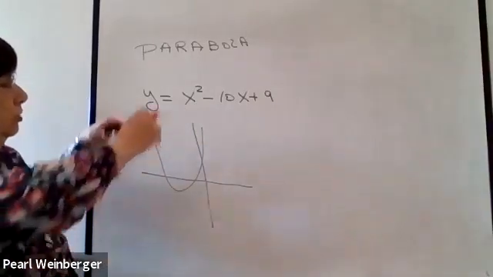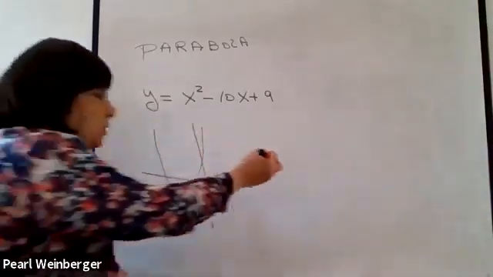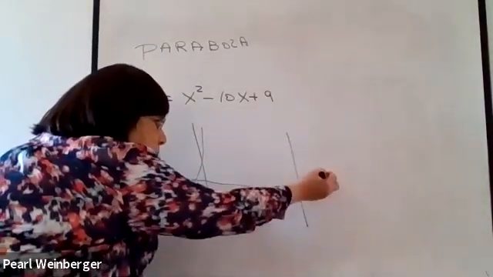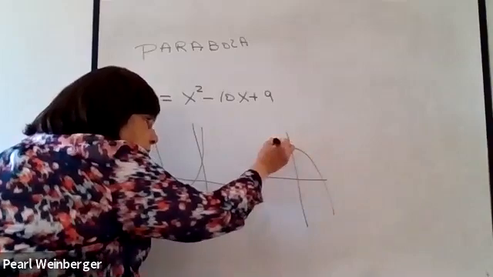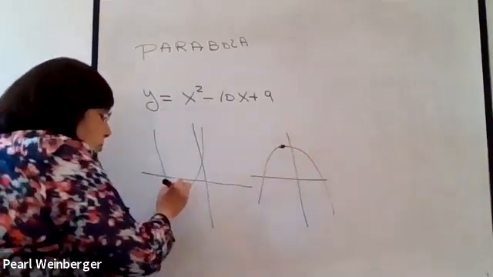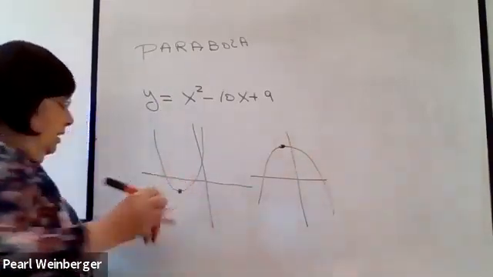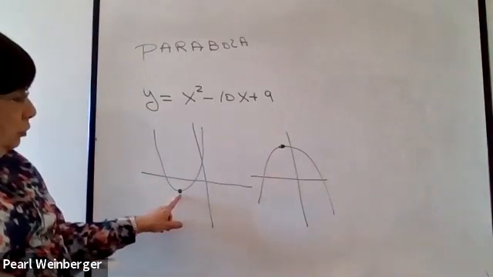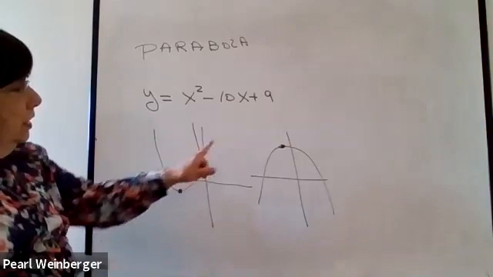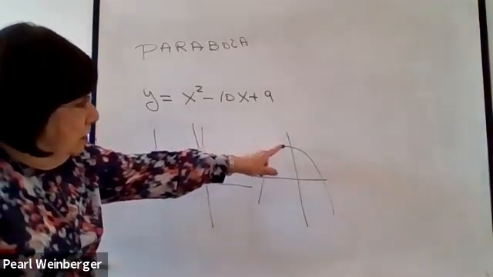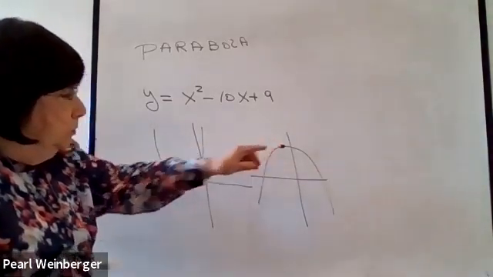Sometimes it's a U facing up, sometimes it's a U facing down. In other words, in this case, the U has what we call a minimum point, a lowest point. In this case, the parabola has a maximum point.